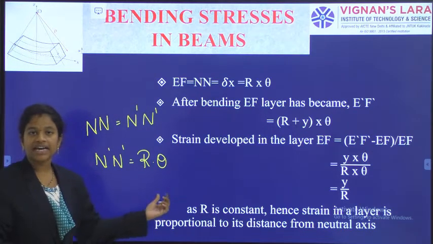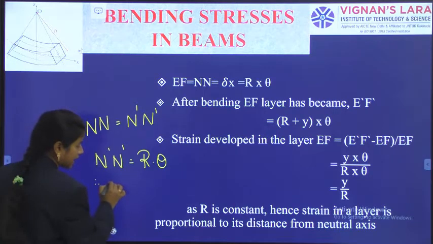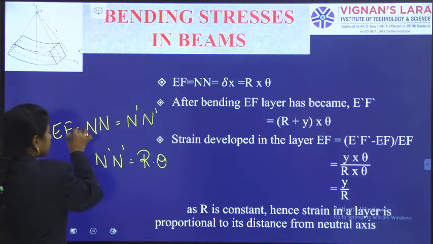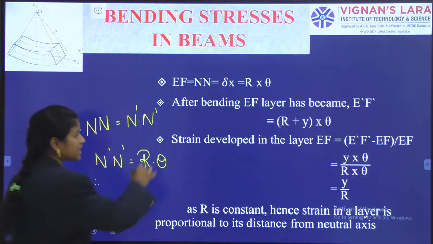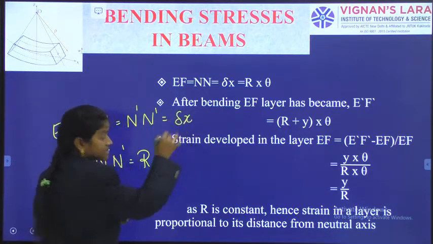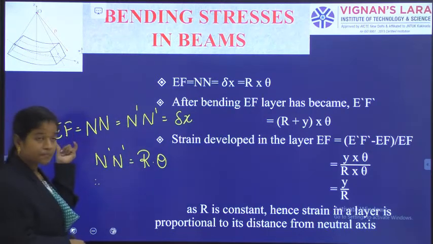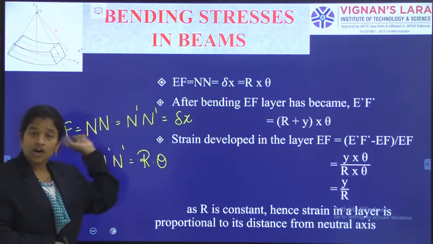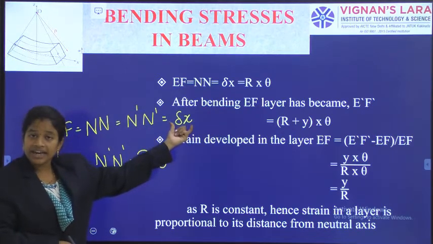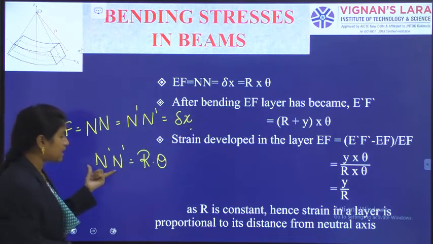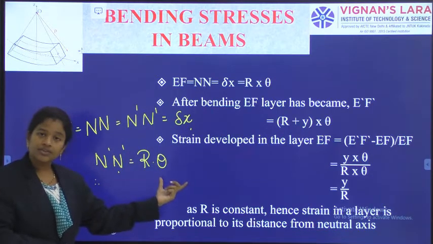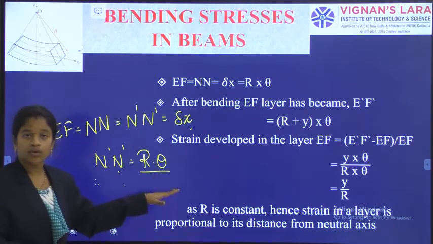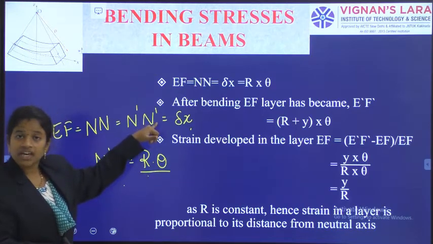So the N dash measurement is equal to the EF measurement, and everything is equal to delta x: initially EF, initially the neutral layer, and after bending also the neutral layer. All these values are equal to delta x only. But after bending, I can give N dash another form also: after bending, the length N dash is r into theta only. So this r theta I can use here also.